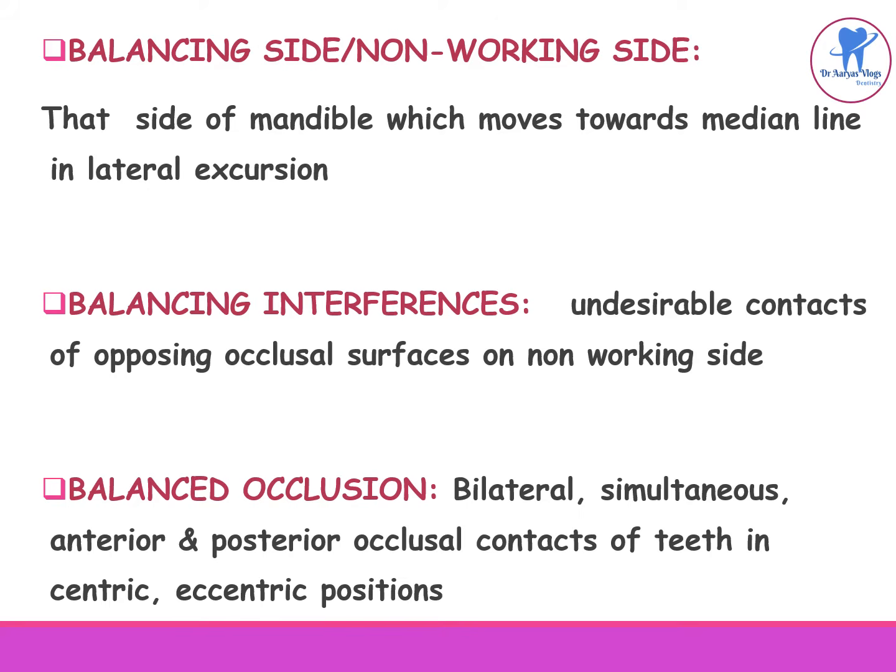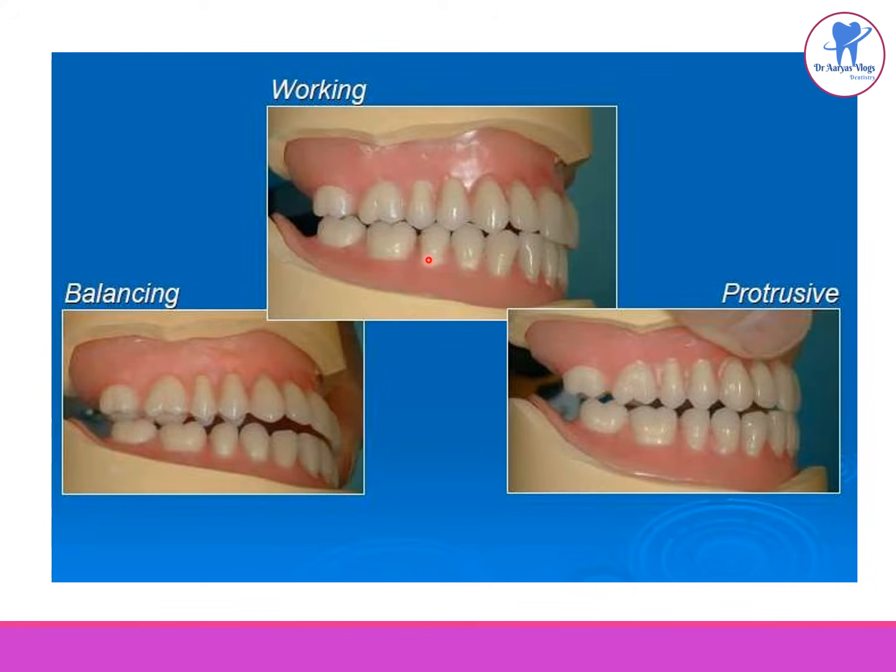And what is balanced occlusion? It is the bilateral, simultaneous, anterior and posterior occlusal contacts of the teeth in centric and eccentric positions. This is the working side contacts, this is the balancing side, and this is the protrusive contacts.